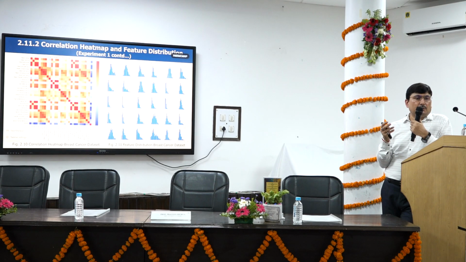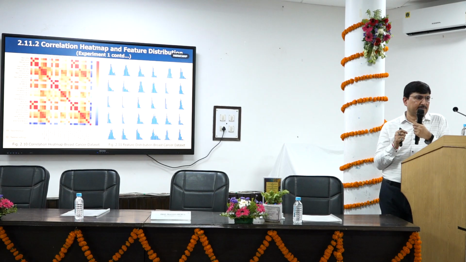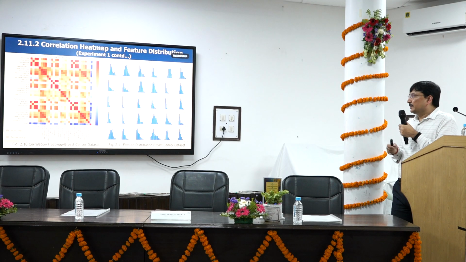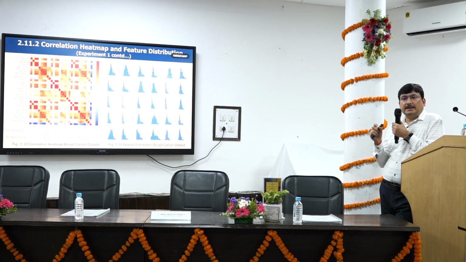So if you want an initial study of your data set for such insight, you have to go for the heat map. In this correlation heat map, if it is red, it is 100% related to each other. And if it is blue, it is not related.